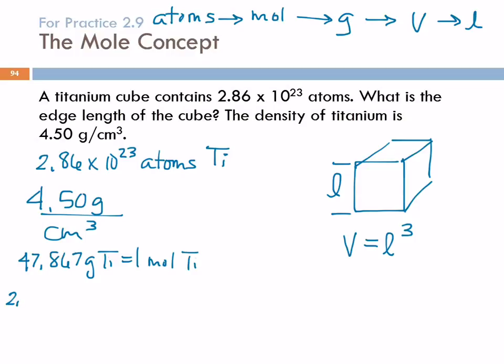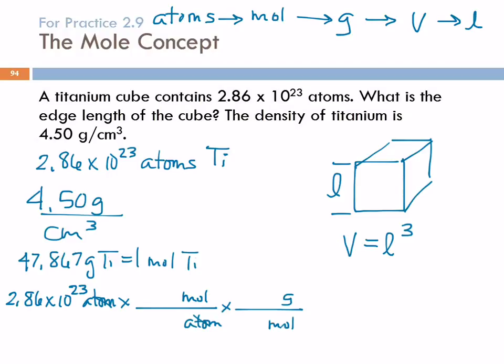So 2.86 times 10 to the 23 atoms of titanium, thank you. So that's atoms. I want to go to moles. We have atoms down here, so they cancel out. And then I'm going to go to grams.